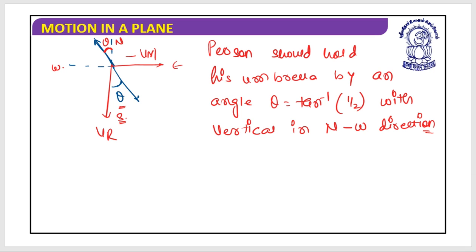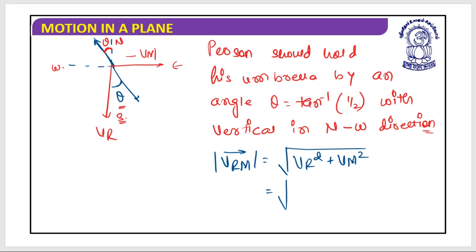Yes, and magnitude, it's VRM, velocity of rain with respect to man. This is under root of VR square plus VM square. And when I say it's under root of VR square plus VM square, it's 100 plus 25. It's 125, which is 5 root 5 meter per second.